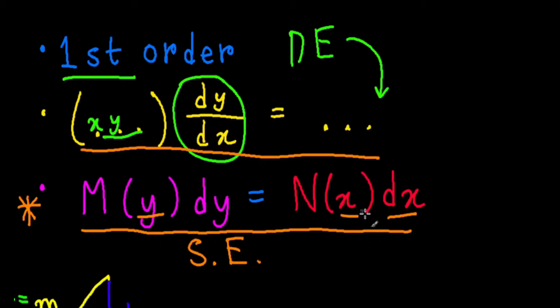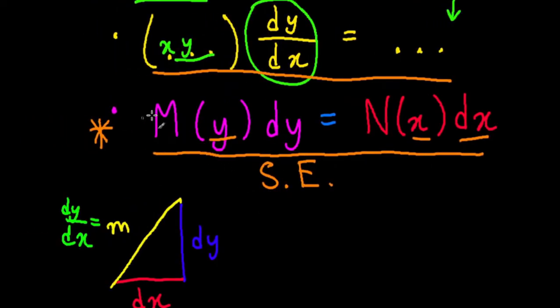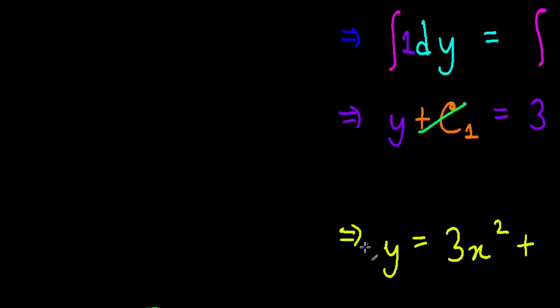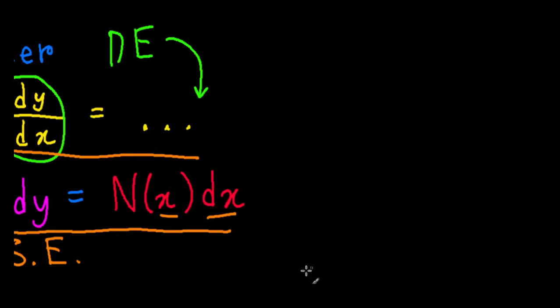So dy multiplied by some expression made up of only y's, equals dx multiplied by some expression consisting of only x.